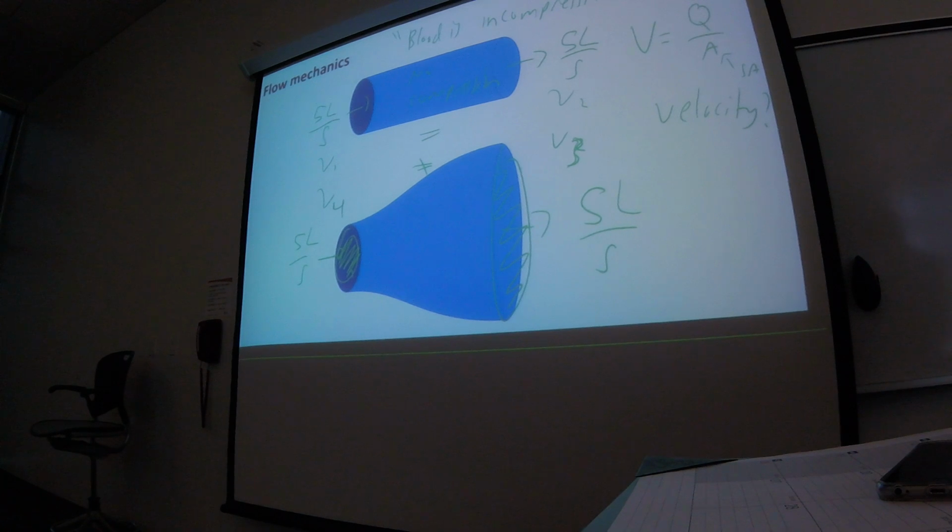Because the surface area here is greater, as A increases, our velocity is going to decrease here. This will lead to a velocity decrease. And hopefully this makes sense. If you keep your volume the same, but you change your area, the velocity has to get slower.